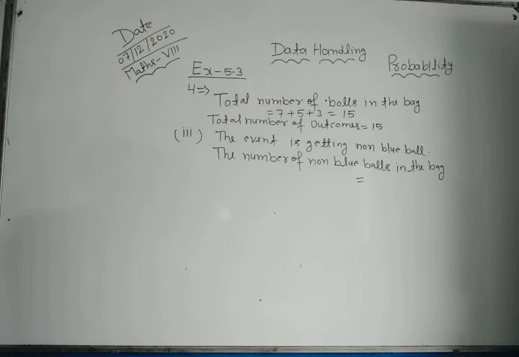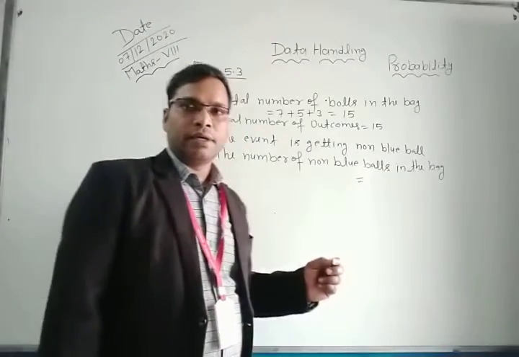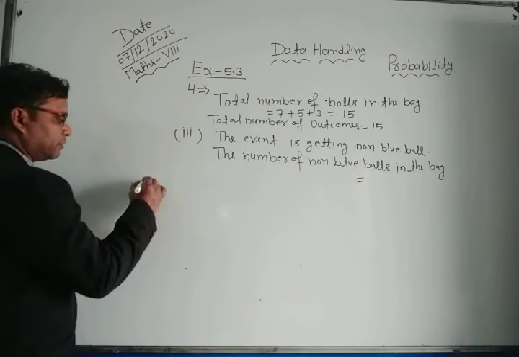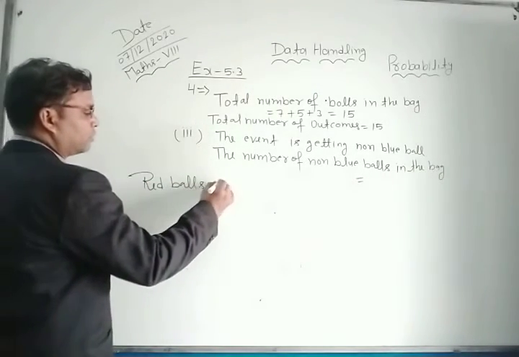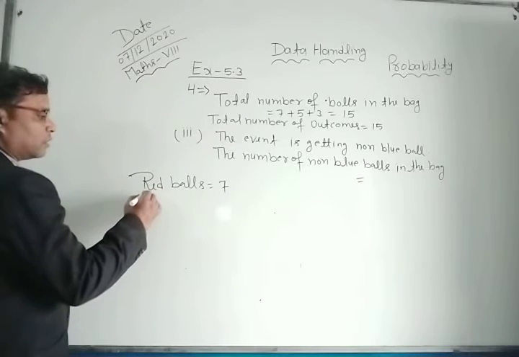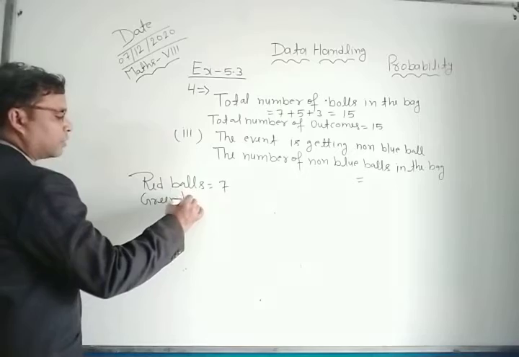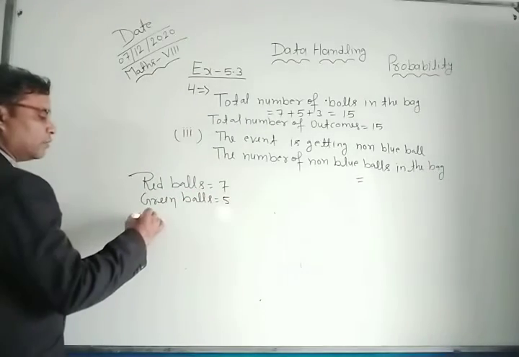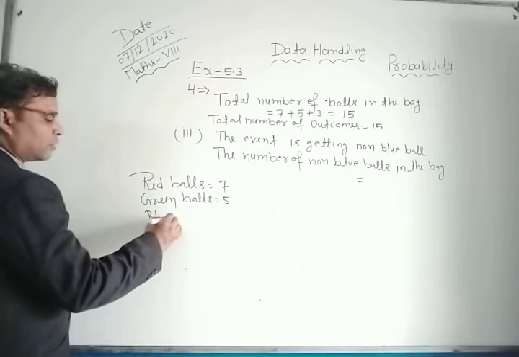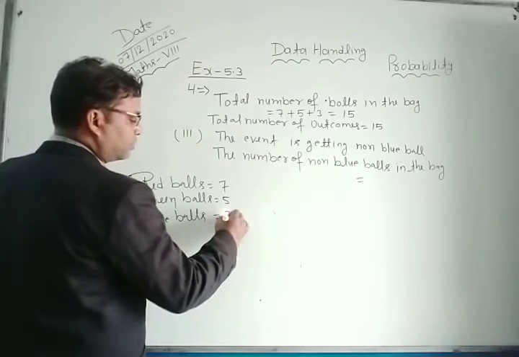The bag has 3 types of ball: red ball, blue ball, green ball. Red ball is equal to 7, and green balls is equal to 5, and blue balls is equal to 3.